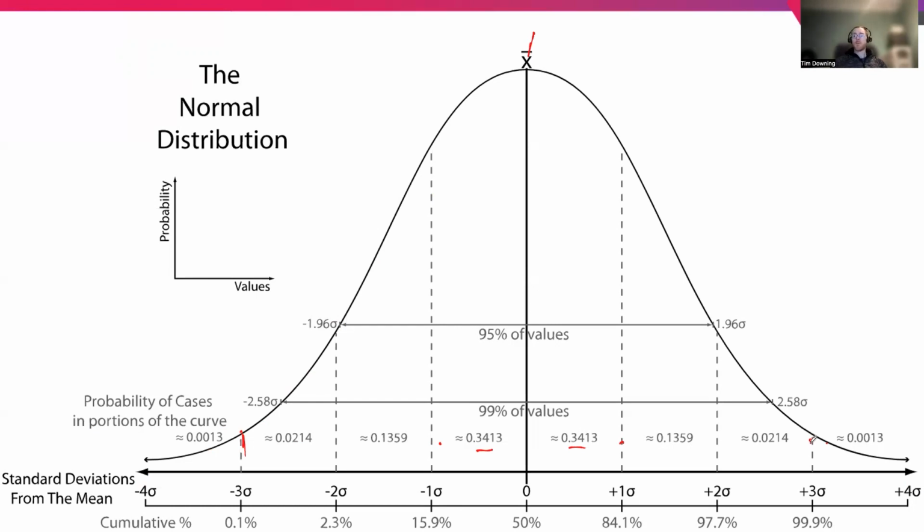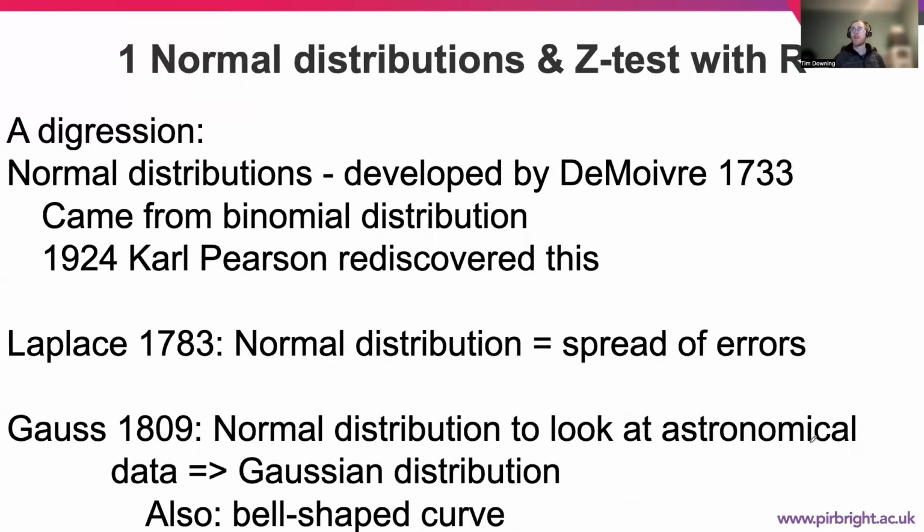So this distribution was developed in 1733, first by de Moivre. It came from a binomial distribution that you might be familiar with from dice. And Karl Pearson rediscovered this in 1924. De Moivre's initial distribution was also discovered by Laplace, who thought of it as a spread of errors.